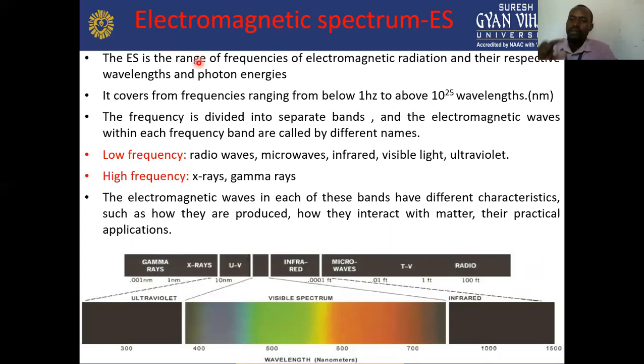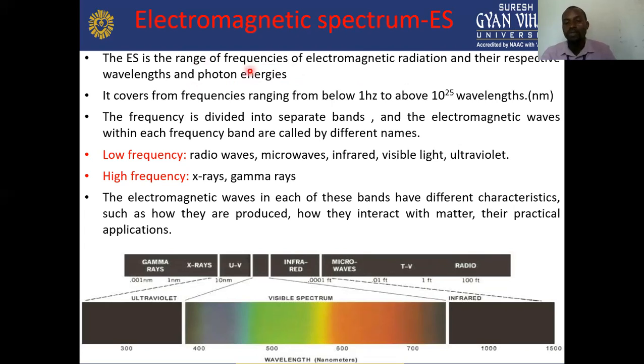Nanometers are very, very small units that are used to represent distance. So the electromagnetic spectrum covers the range of electromagnetic radiation and their respective wavelength and the energy they possess.